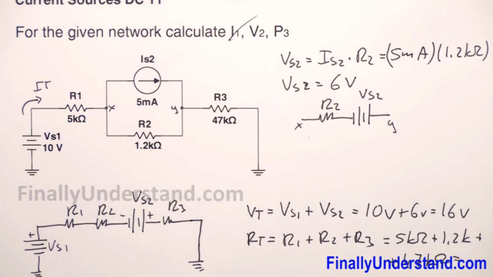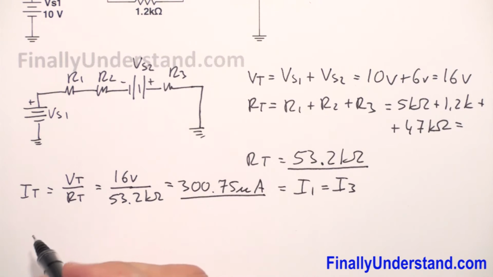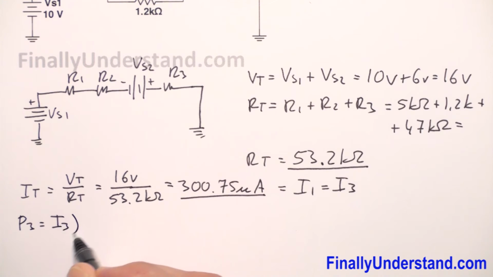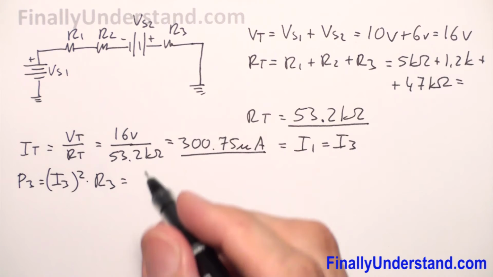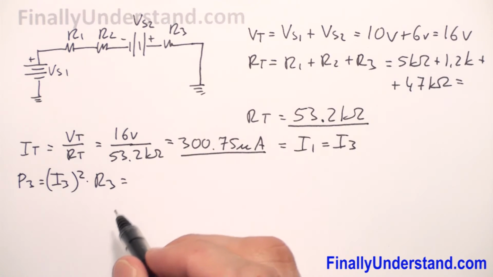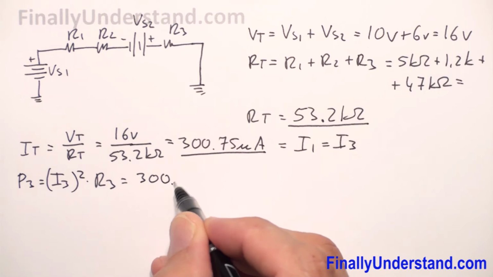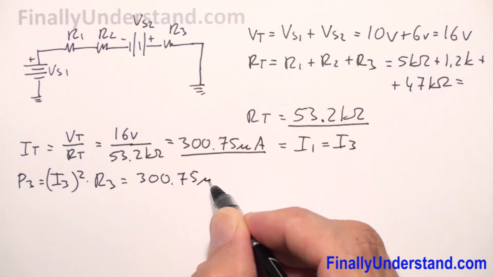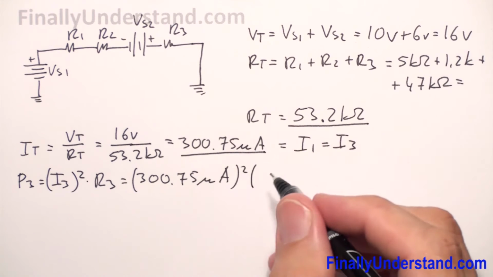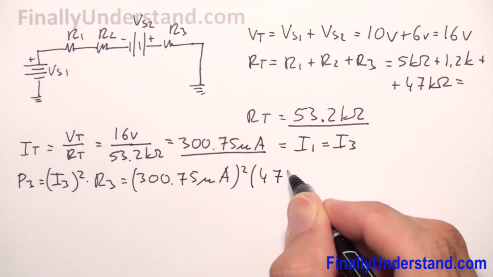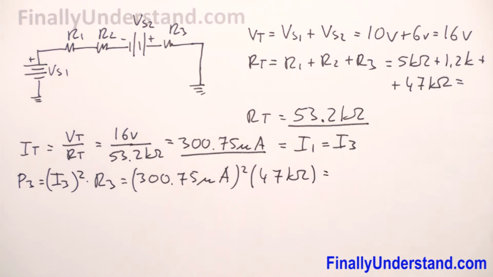Next, I'm supposed to find P3 because I have I3. So P3 is equal to I3 to the second power times R3. I3 is equal to 300.75 microamps to the second power times R3, which is equal to 47 kilo ohms.